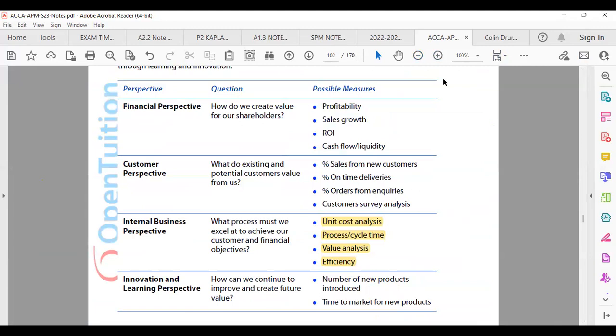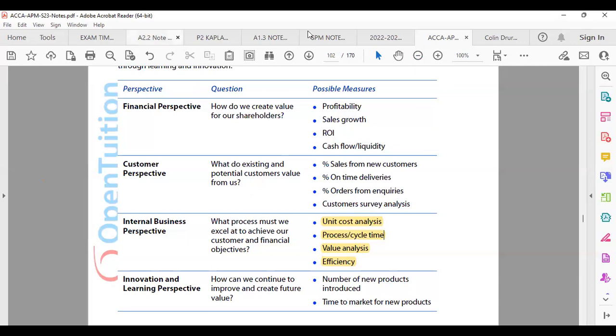Of course, they ask theoretically. They could ask, analyze the 4 perspectives that the case study has, which of course you have to talk about. Or they could ask you in numerical form, and they could tell you, could you analyze this using the balanced scorecard? But on your question, a question would require practical scenarios.